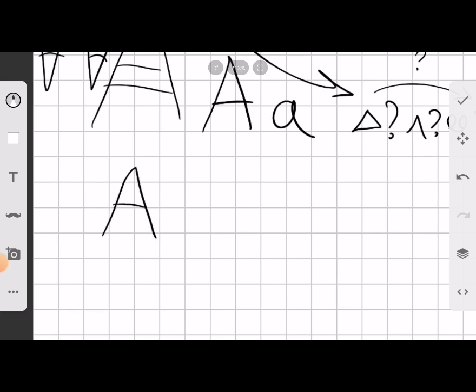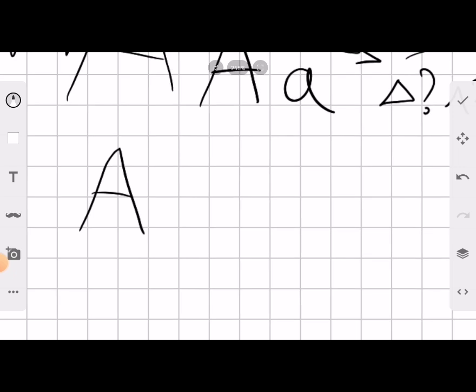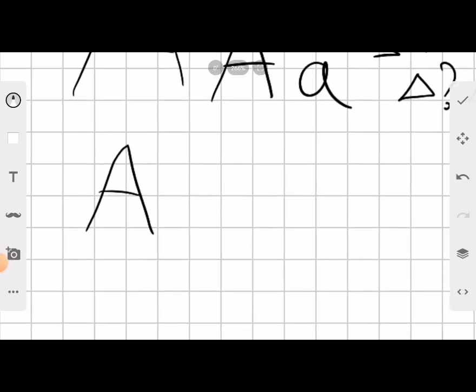The uppercase letters are older in a sense. They come from the more original, so to say, from the way the letters were carved into stone in ancient Greece and Rome, I guess.